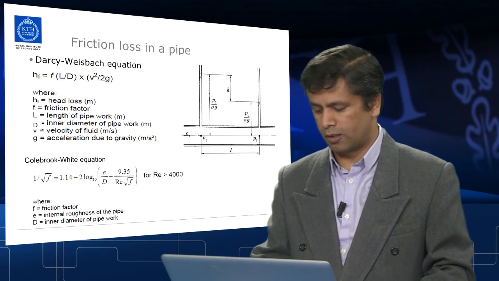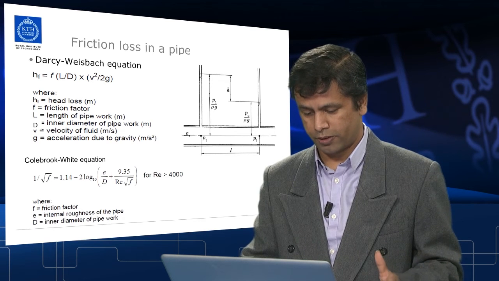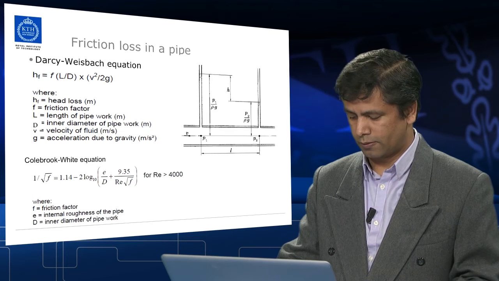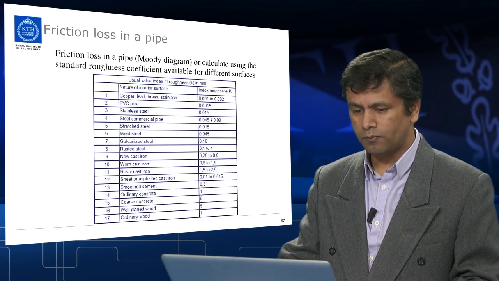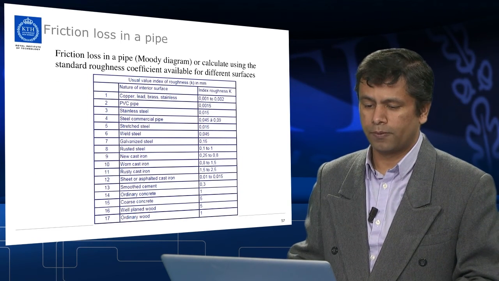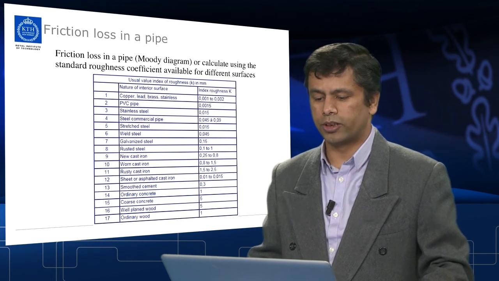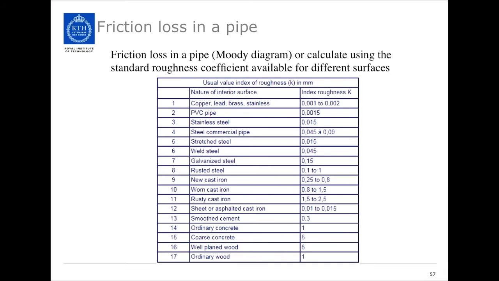And this is the formula for Reynolds number more than 4,000. The friction loss in the pipe can also be calculated using the Moody diagram, or using the standard roughness coefficients available for different surfaces. And here is a list of some materials and their roughness coefficients.